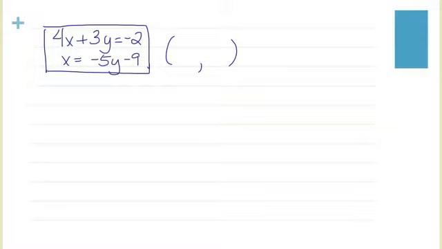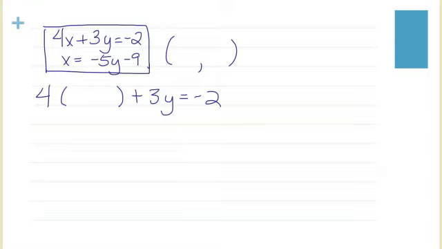So this one's a great candidate to use substitution on because we have x alone here. Since x is alone, this is a great way to use substitution. So I'm going to write 4, and then instead of x, I'm just going to put some parentheses here, plus 3y equals -2.